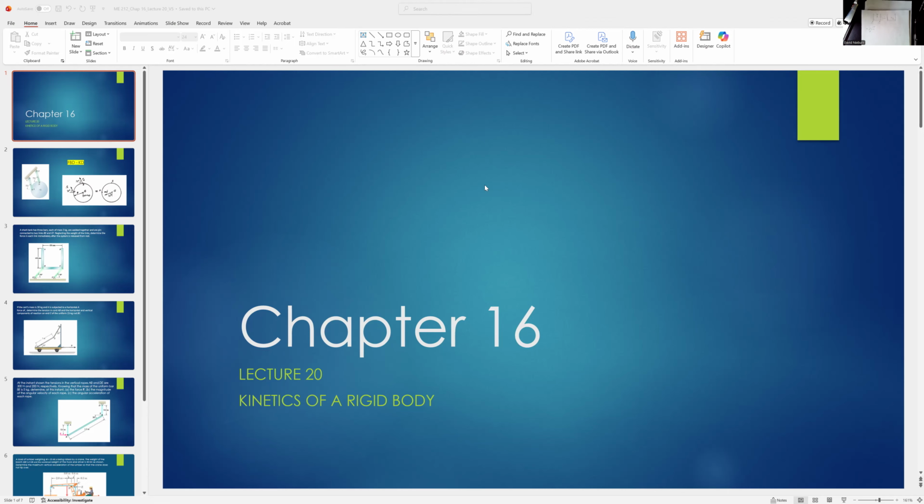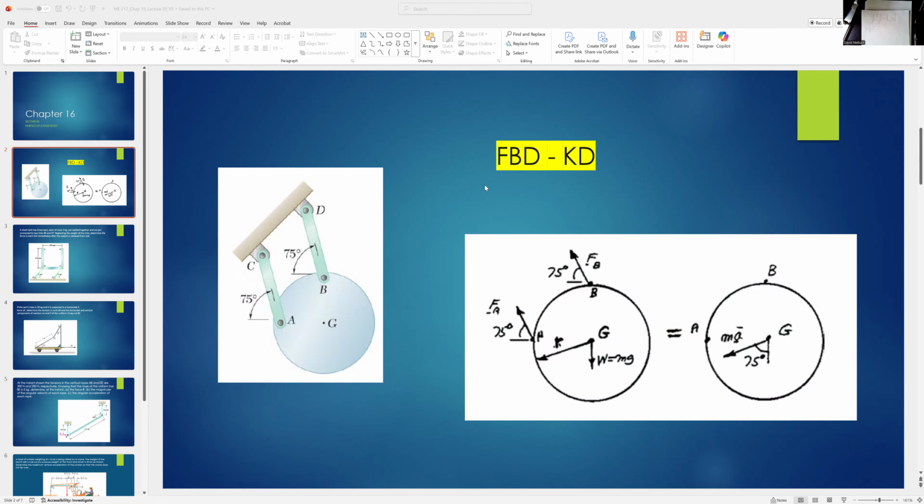So if we think about a rigid body, for example, this is just a free body diagram, a kinetic diagram I'm showing. To the left is what it actually looks like. Here you have two linkages, and each linkage is equal in length. The question is, if you were to release that linkage from rest, it would start to move in and down to the left because it's constrained by CA and DB.